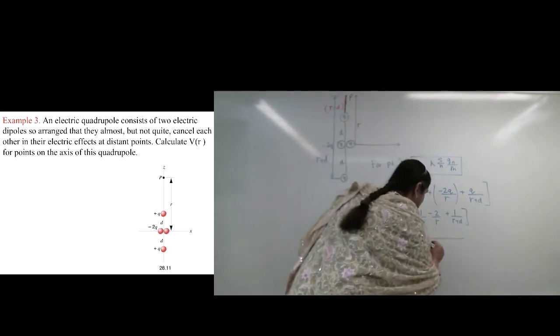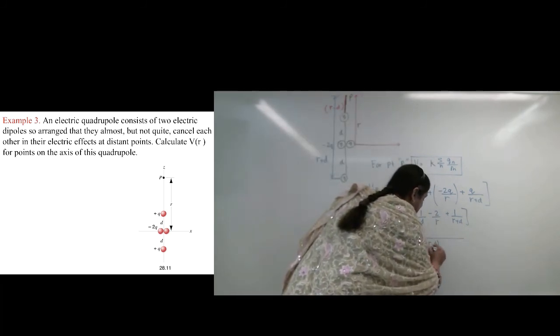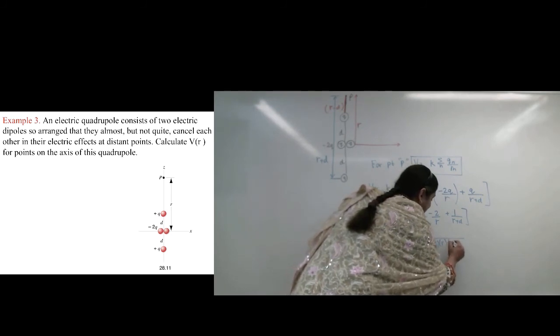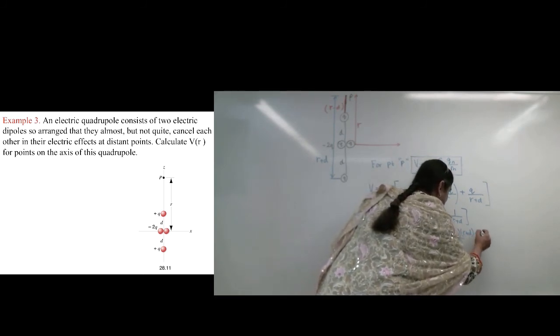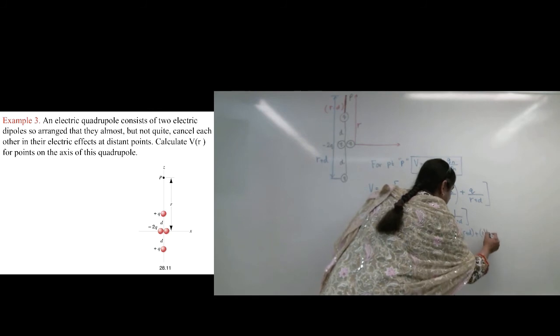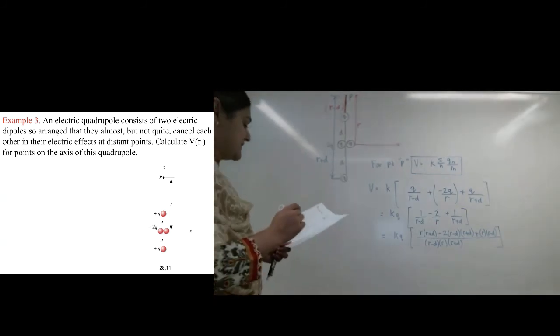It's going to be r minus d, r, r plus d in the denominator. The numerator is r(r plus d), minus 2(r minus d)(r plus d), plus r(r minus d). Now you just have to do a bunch of algebra, calculate all of these terms. So I'm going to leave those up to you.